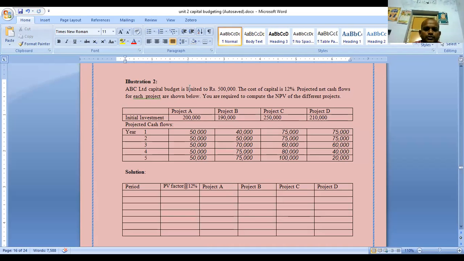We have 4 different projects here with their initial investment; in project A we have uniform cash inflows, and in the other projects cash inflows are not uniform. Let us try to compute the net present value.